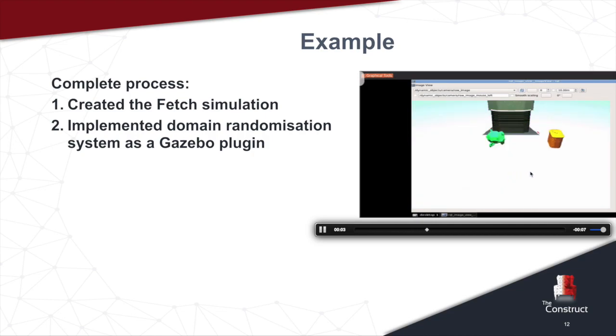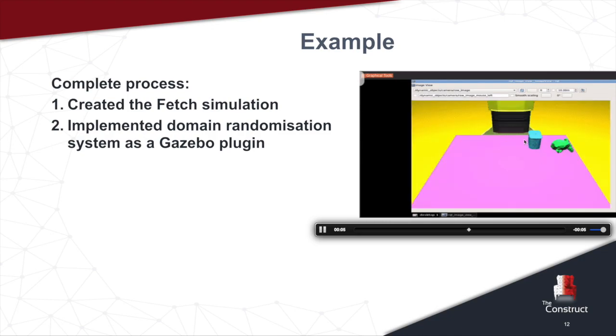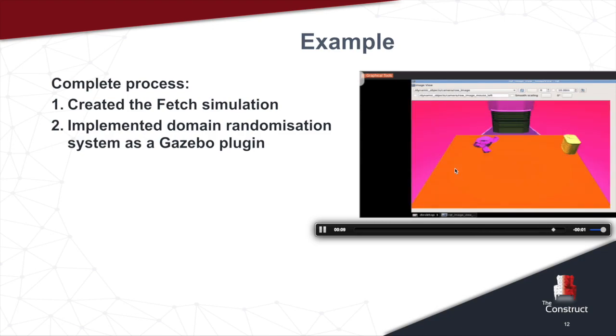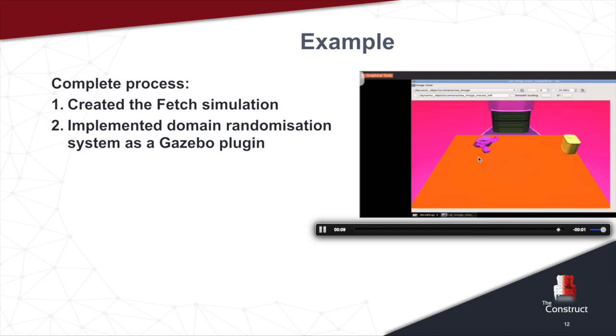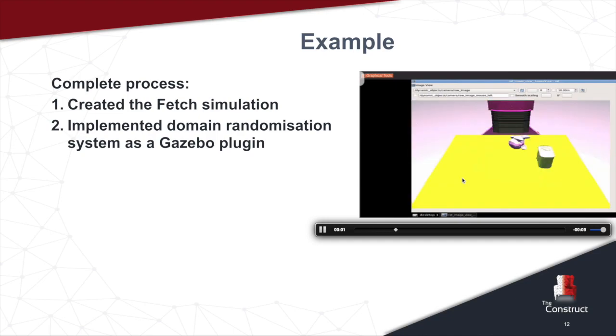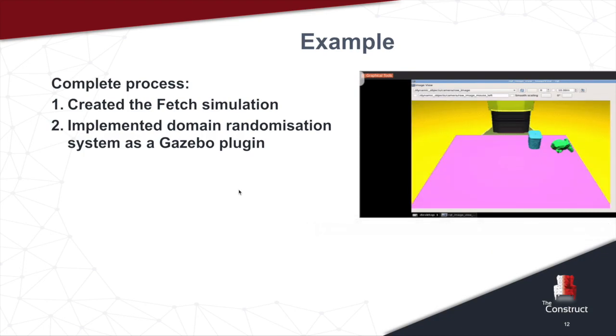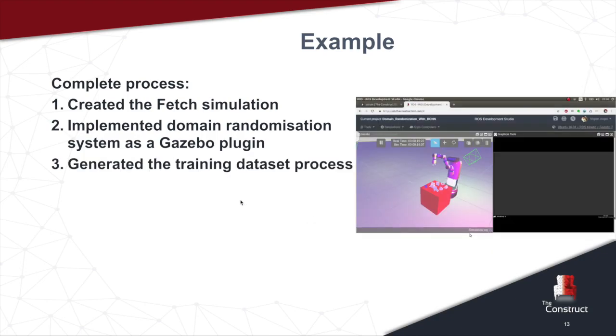Basically it consists of showing and modifying the situation where the robot has to recognize the spam object with different light conditions, color conditions, and different distractors. In this case, you can see one single distractor, but later you can see that it has many distractors around. So that's what we did to implement this domain randomization plugin.